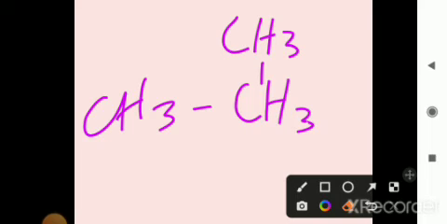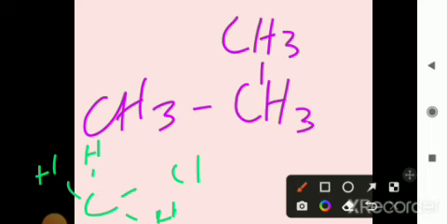Okay, let me draw this structure like this. C here with H, here H, and this portion H. Here C, H, H, 1, 2, 3.